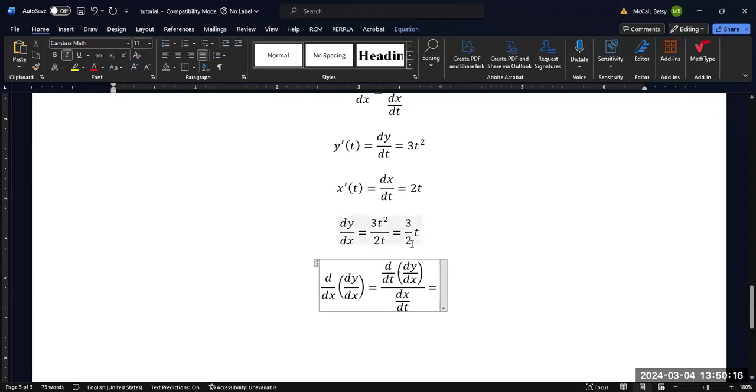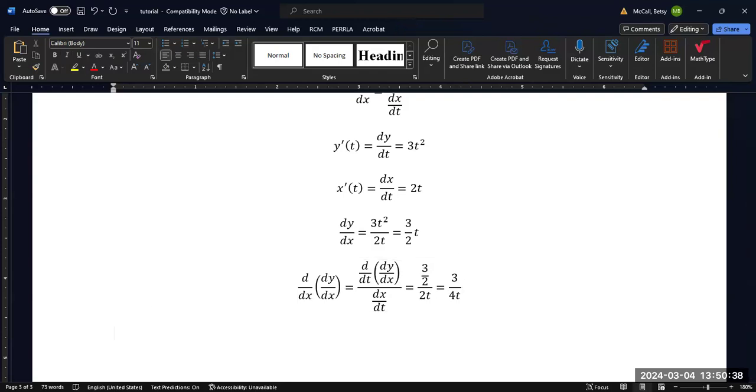So my derivative up here is going to be, the derivative of 3/2 t will just be 3/2. And then I will divide again by another 2t. And so now this will become 3 over 4t. And that will be my second derivative.